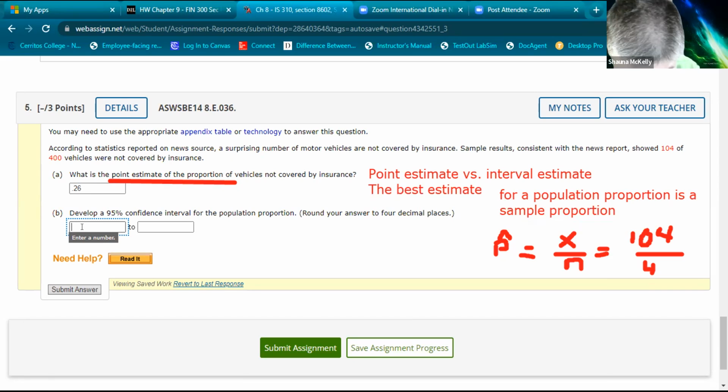And then it's going to ask you for x. x is going to be 104. So you're going to put 104. Then you're going to put 400 for n. And you're going to put your confidence level, which they want 95.